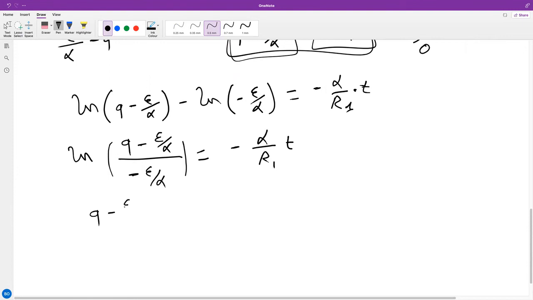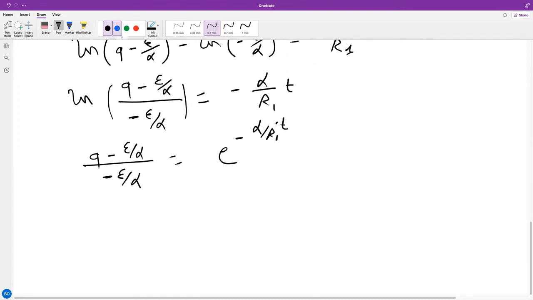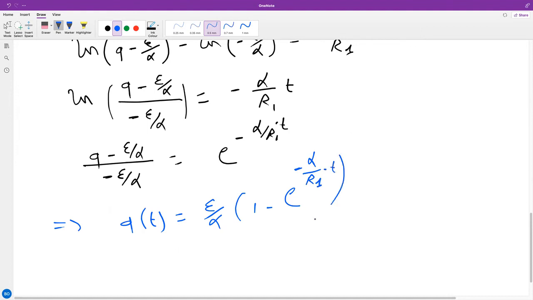So (q minus E over alpha) over (minus E over alpha) equals exponential of minus alpha over R1 times t. And we can easily see that the charge will be equal to E over alpha times (1 minus exponential of minus alpha over R1 t).